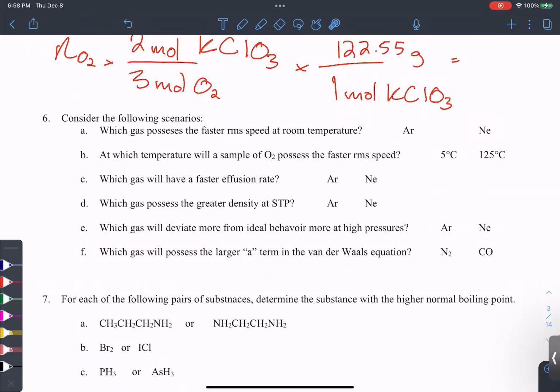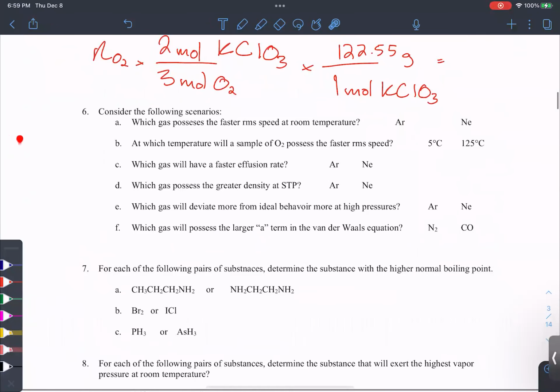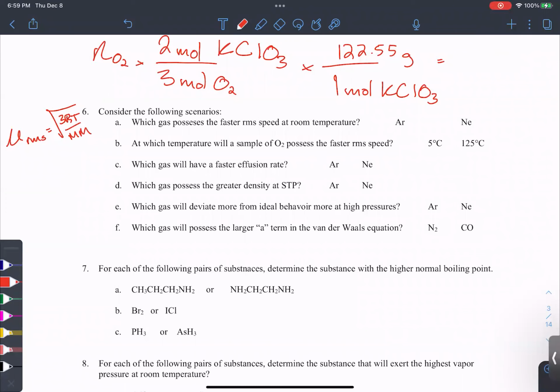These are conceptual questions. A lot of these have to do with kinetic molecular theory and the idea of gas particles and the root mean squared velocity of those. It's not super easy to calculate the average velocity of a gas particle of a sample. They're all moving at different speeds, but what we can do is use a root mean squared velocity, which is directly related to temperature.